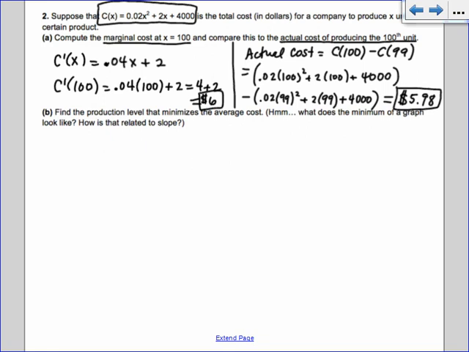And what ends up being easier to find is the marginal cost. Do you see why we use the marginal cost? It's much easier. Think about when calculus was first created, that's how they were computing how much it was costing for each item as they used efficient machines and so on to produce things.